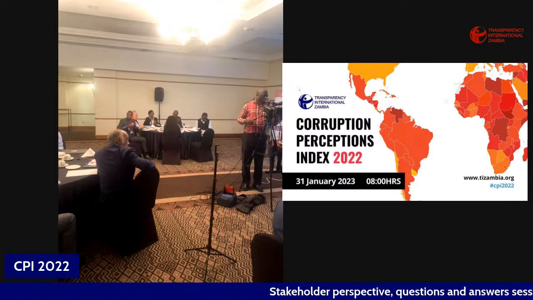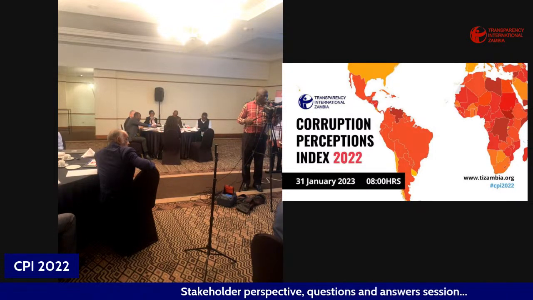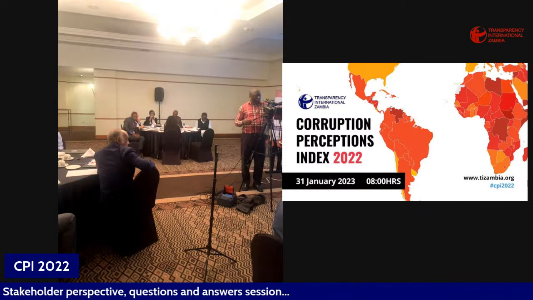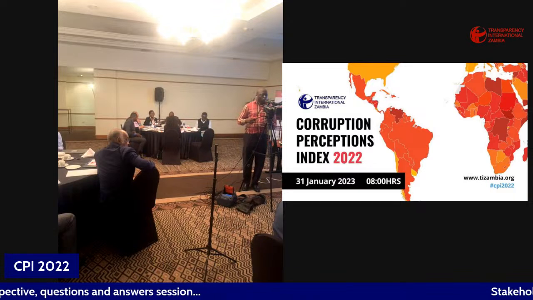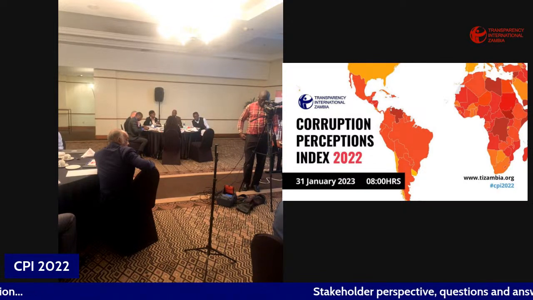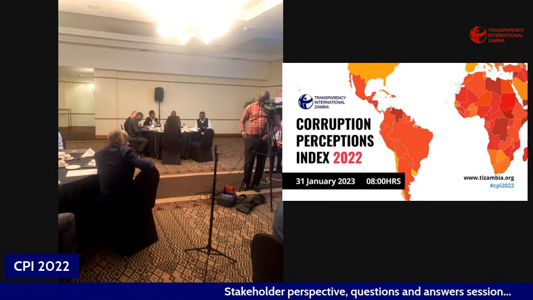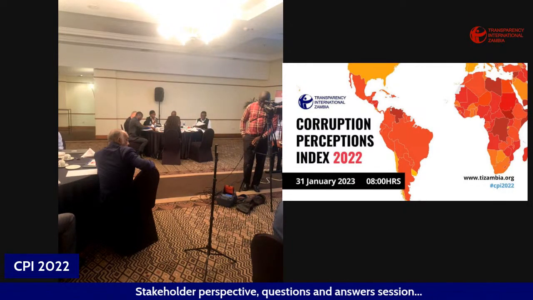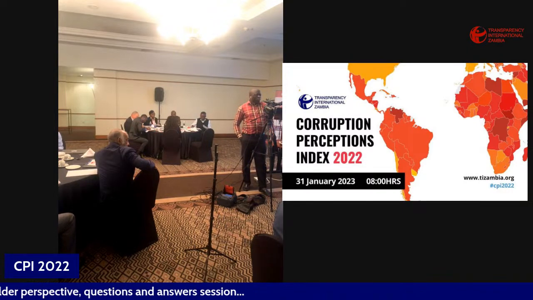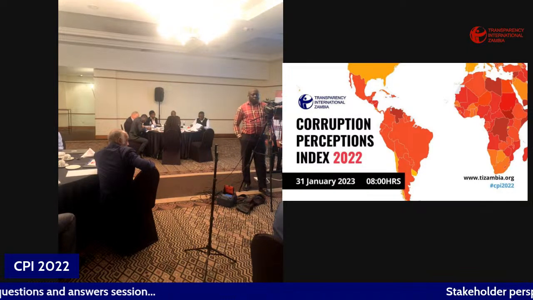So that's with respect to expert perceptions. But what we use to measure the actual experiential levels of corruption is a survey that we do every 2 years, which is the Zambia Bribe Payers Index Survey, which goes to the grassroots at household level to get the experience of the households with corruption.